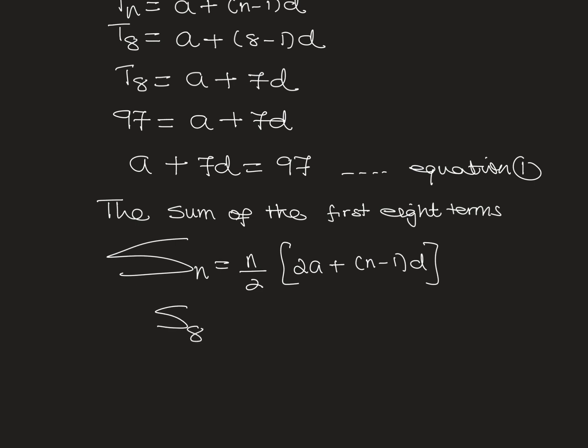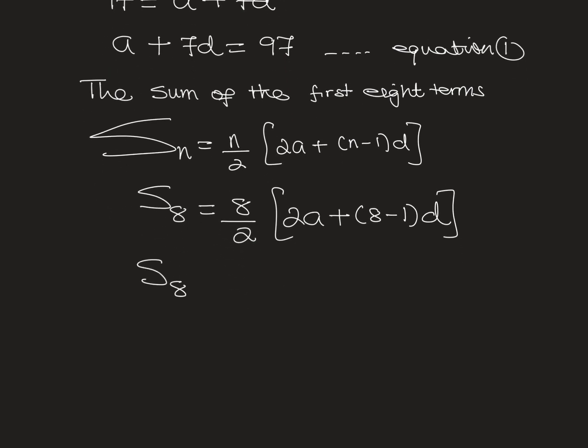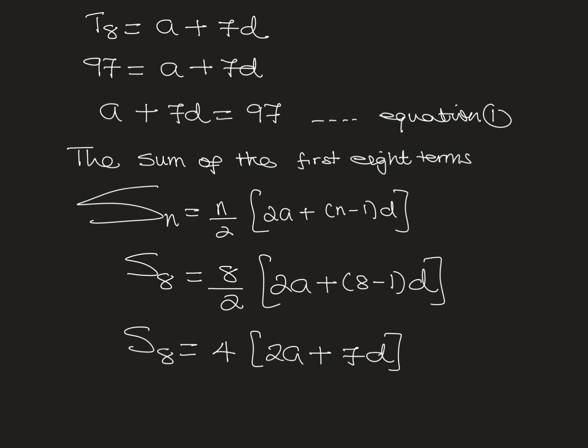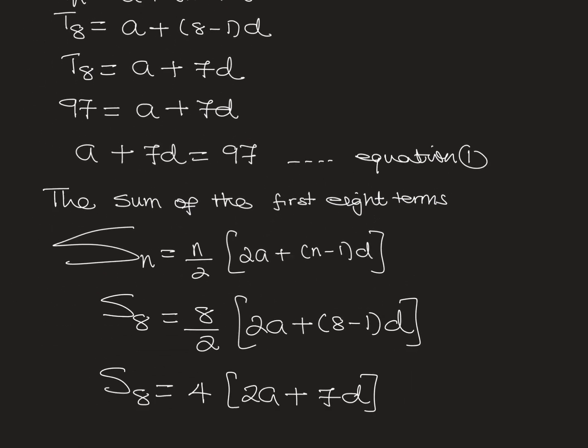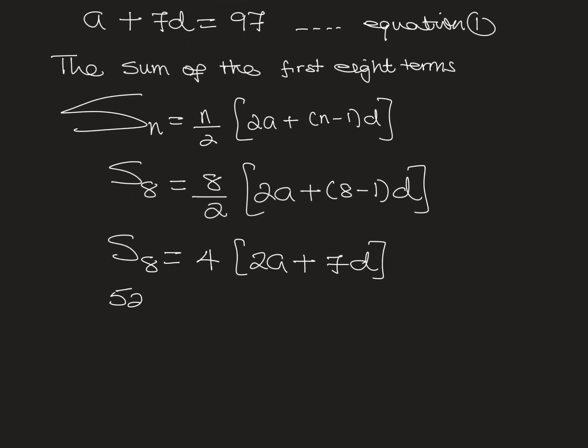So the sum of the first 8 terms will be 8 over 2 into 2a plus 8 minus 1 times the difference. 8 over 2 is 4 into 2a plus 7d. So the sum of the first 8 terms is 524, so 524 is equal to 4 into 2a plus 7d.